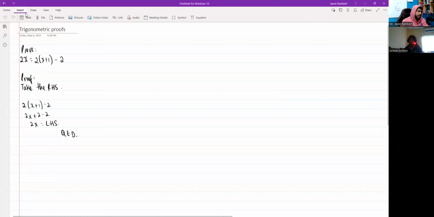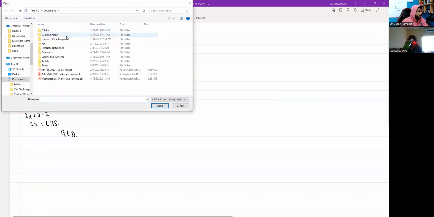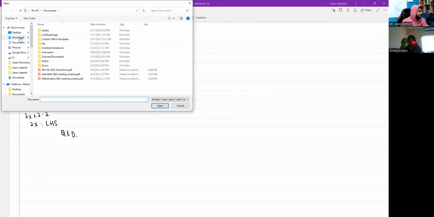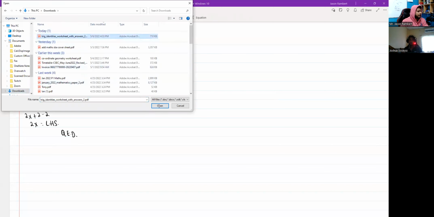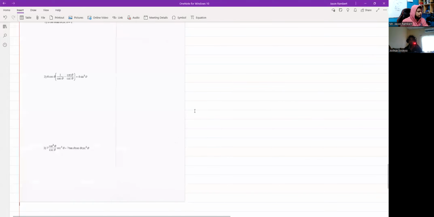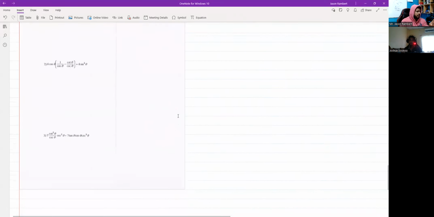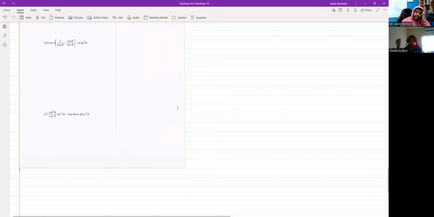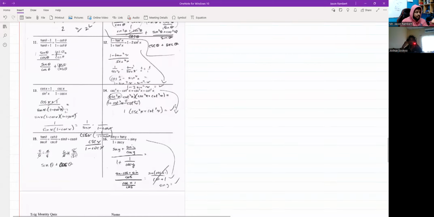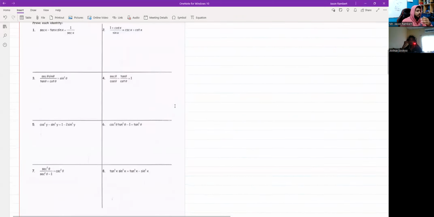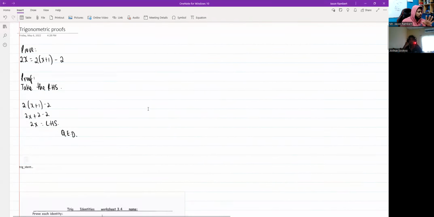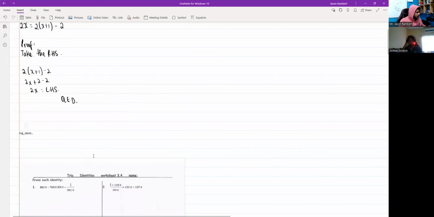I am going to attempt to do all of them with you today. We have the solutions here. I'll leave the solutions because there's more than one way to do a proof. It's subjective. Some ways are easier than others, but there is more than one way to do a proof. We'll try to do all of the proofs.